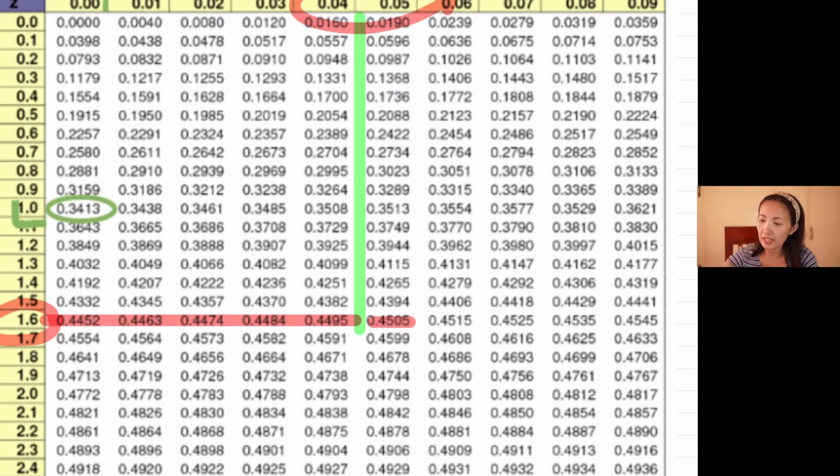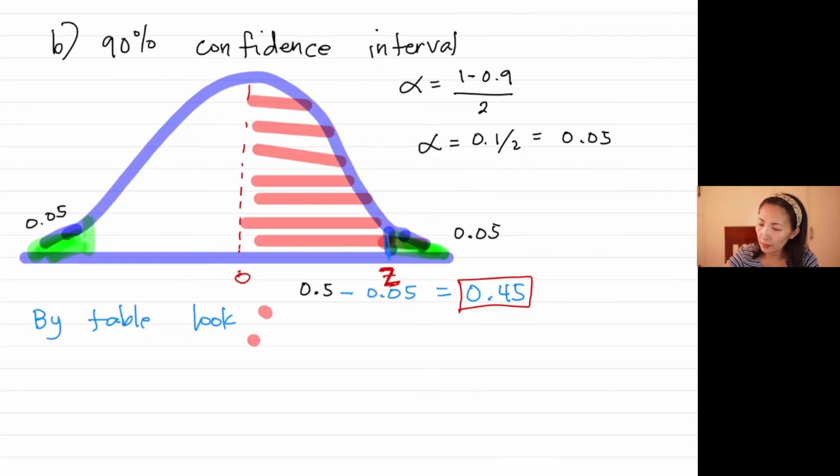That's the z value. So let's go back. By table lookup, the z-score is 1.645. This is why if the confidence level is 90%, we multiply SE, or the standard error, by 1.645.